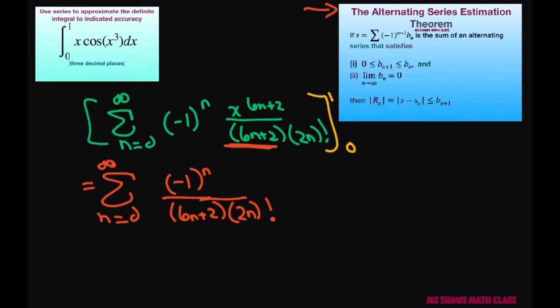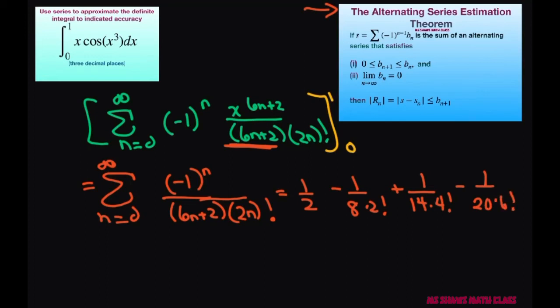And that's going to equal 1/2 minus 1 divided by 8 times 2 factorial, plus 1 divided by 14 times 4 factorial, minus 1 divided by 20 times 6 factorial.